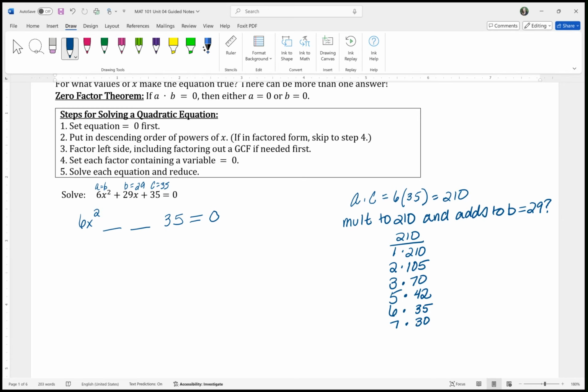That's a decimal. 210 divided by 10 is 21. That gives us 31. We're getting closer. 210 divided by 11 doesn't work. 210 divided by 12 doesn't work. 210 divided by 13 is 16 point something. That doesn't work. 210 divided by 14 gives us 15.